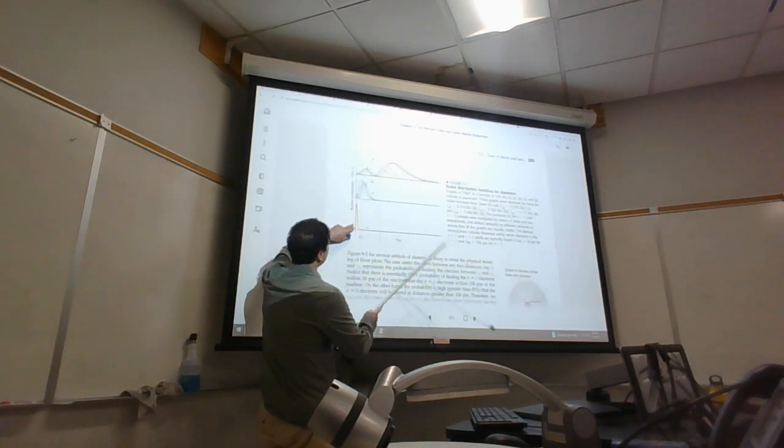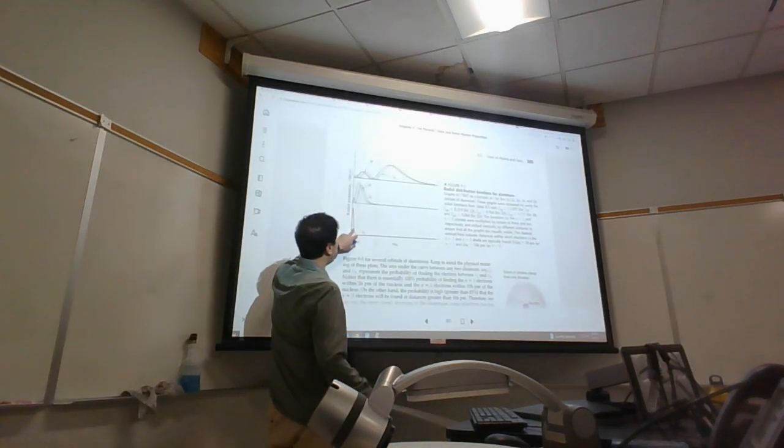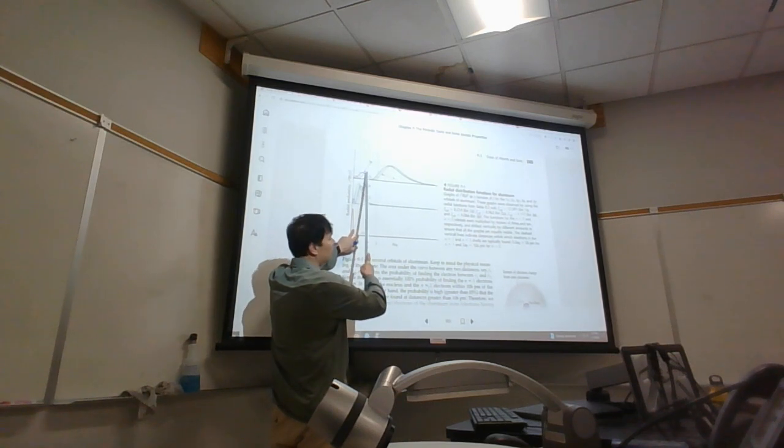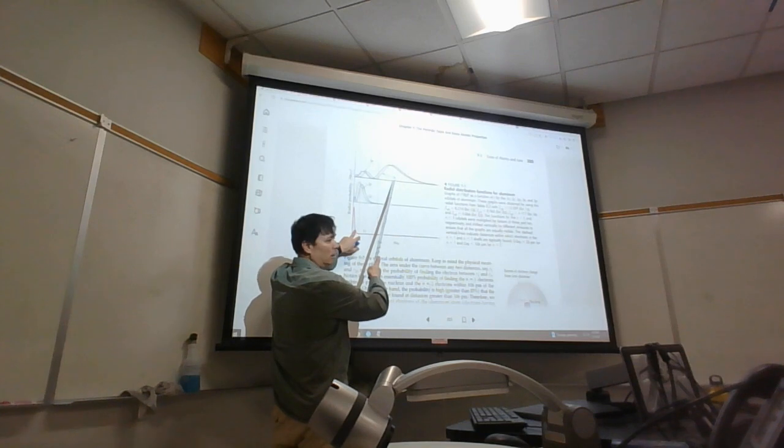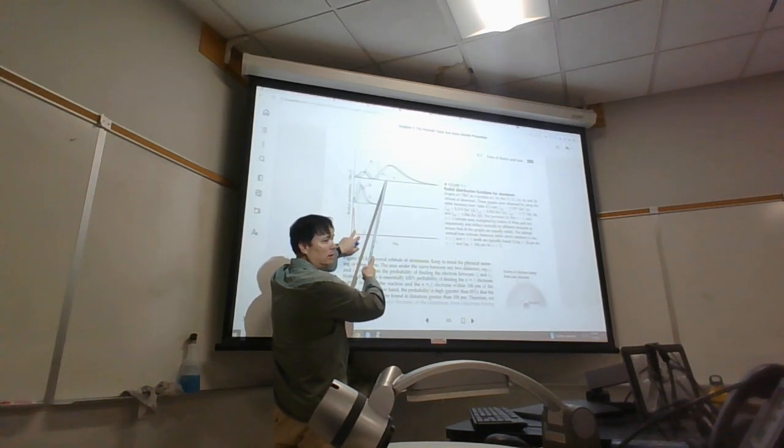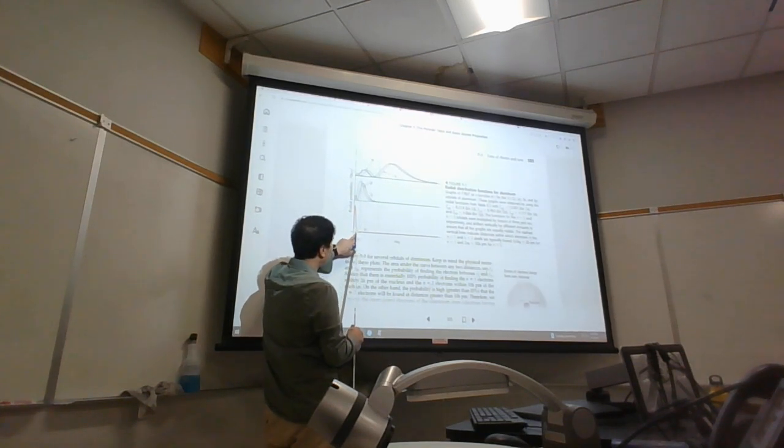Okay, let's say we're looking at the 3s and the 3p, the third shell electrons. How effective are the 1s electrons at blocking those?